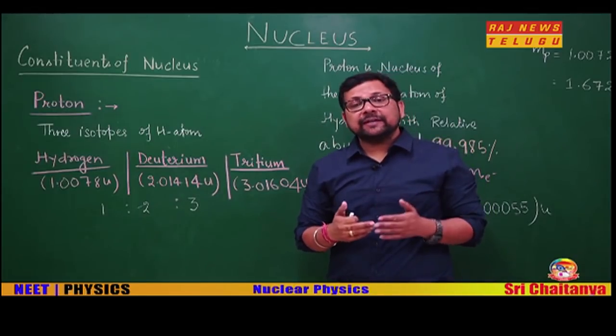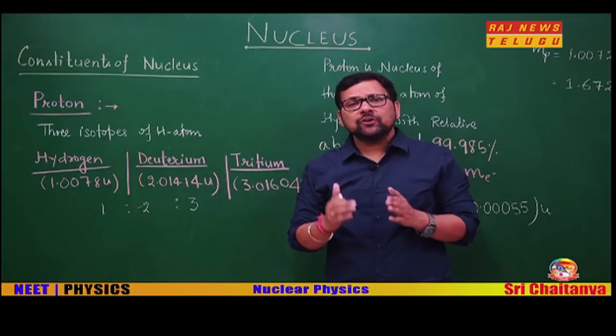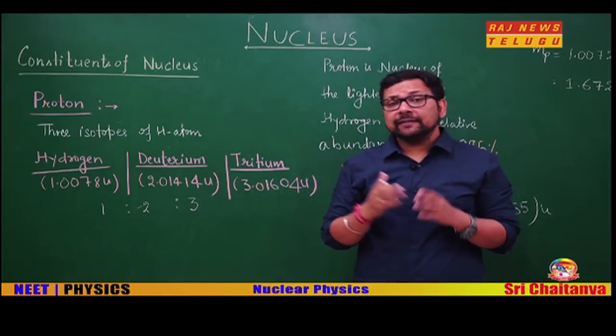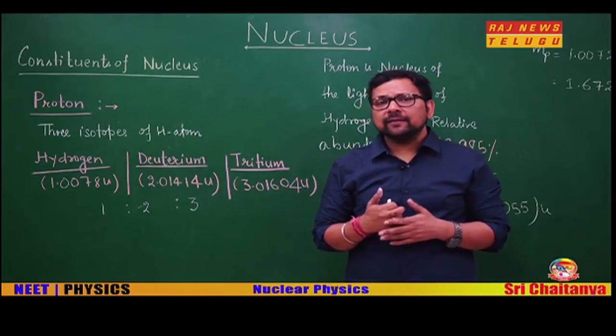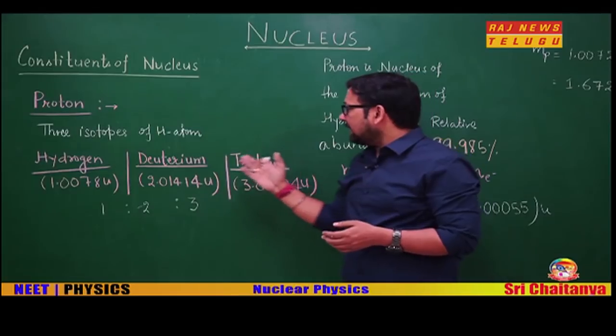Hydrogen, deuterium and tritium. Tritium is kind of unstable and we don't find it in nature, although we can make tritium in laboratories.